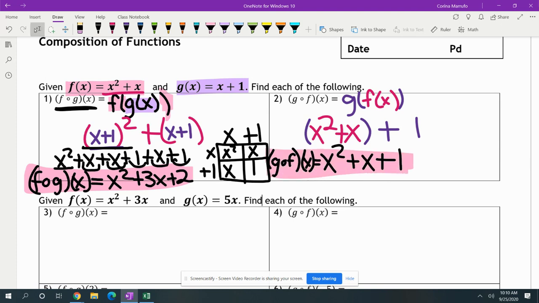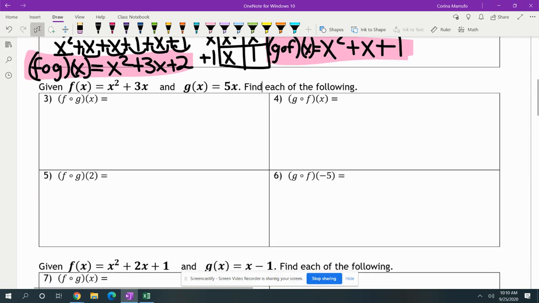All right, the next one. Okay, it says given f of x equals x squared plus 3x and g of x equals 5x, find each of the following. So here we have x squared plus 3x is our f function. So we're going to take our f function and plug our g function into it.